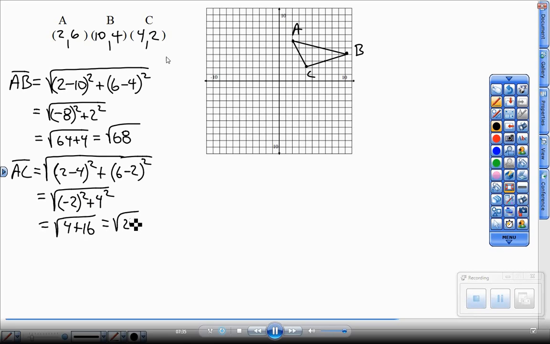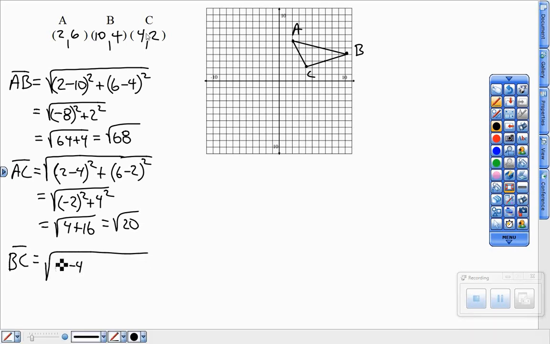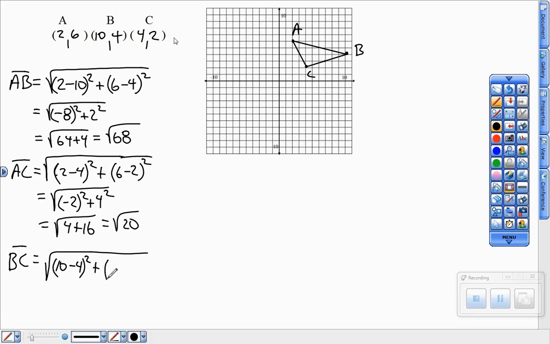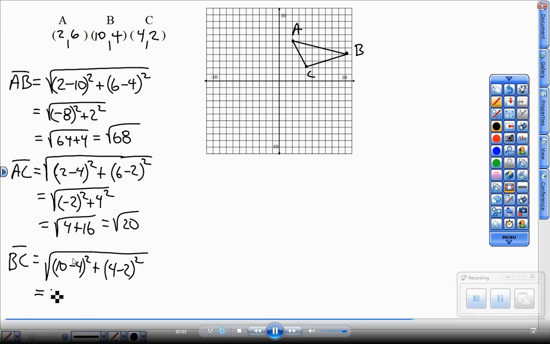If I do my last one, which is BC, I'm going to do 10 minus 4 squared plus 4 minus 2 squared, which gives me 6 squared plus 2 squared, which I could see is 36 plus 4, which is 40.